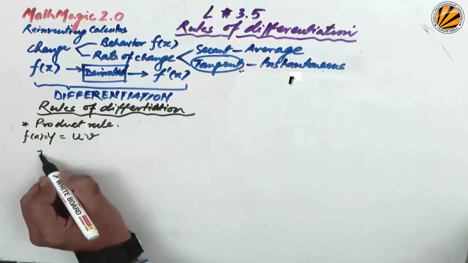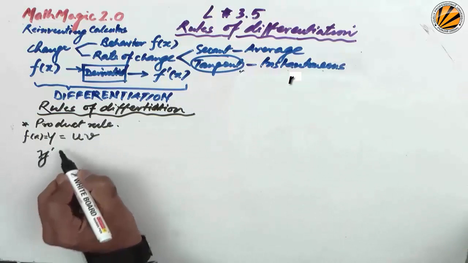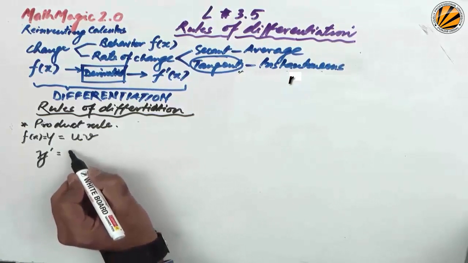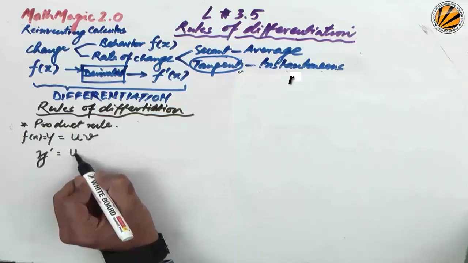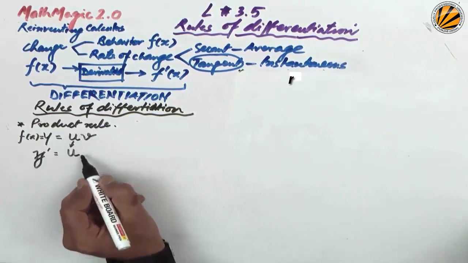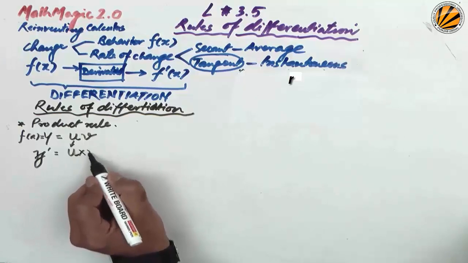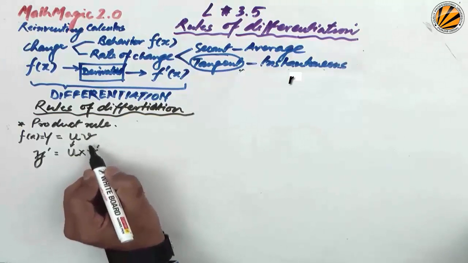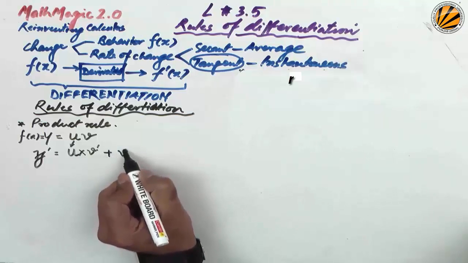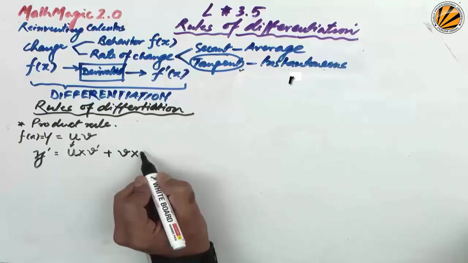The derivative y prime can be evaluated by multiplying the first function u with the derivative of the second function, plus the second function multiplied by the derivative of the first function.